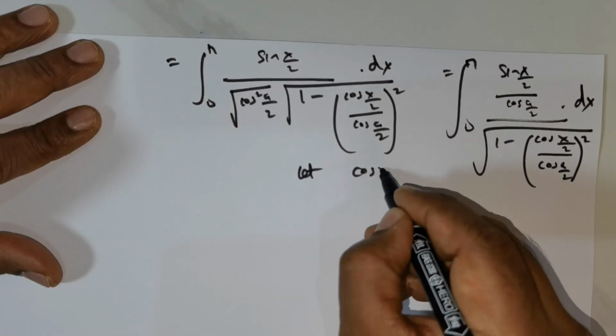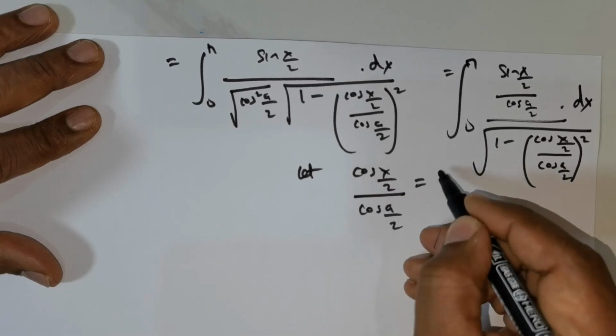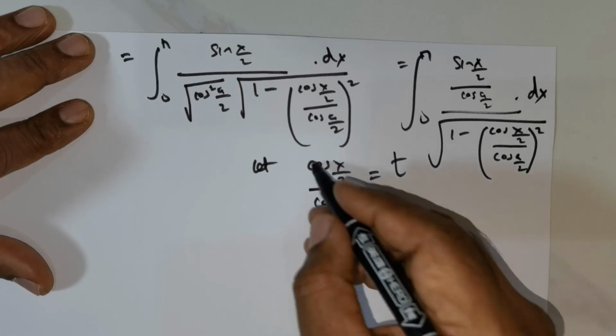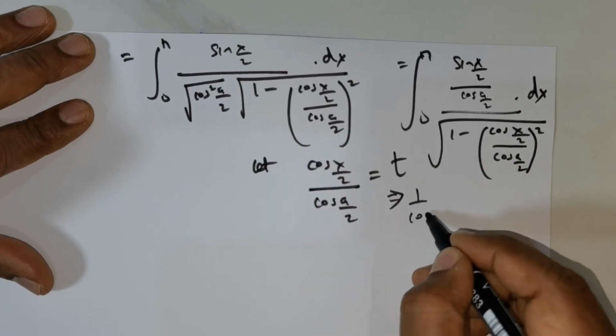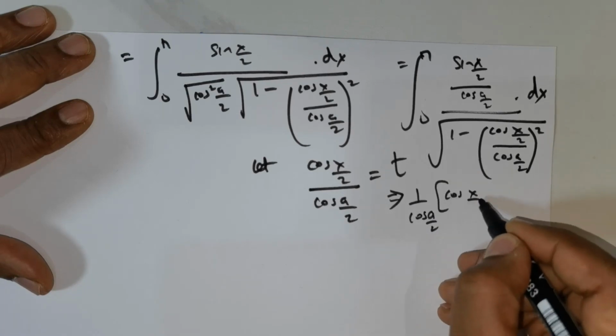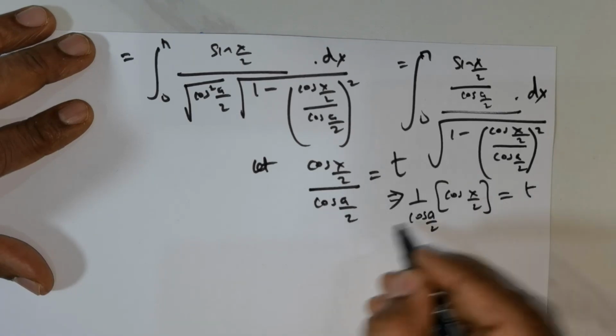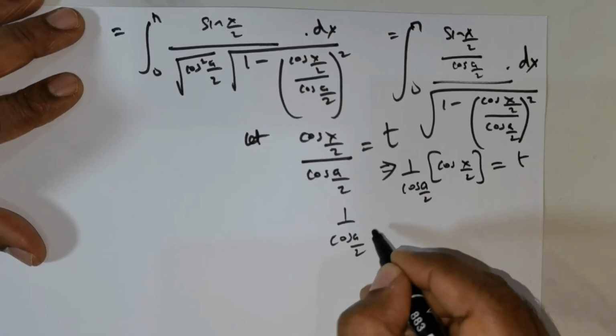Okay, so now I'm going to make a substitution. Let cos x over 2 divided by cos a over 2 be equal to some t. I differentiate, this is constant, right? So this means this is nothing but 1 over cos a over 2 times cos x over 2 is equal to t. That is the exact meaning. If you were to differentiate this, cos a over 2 is a constant.